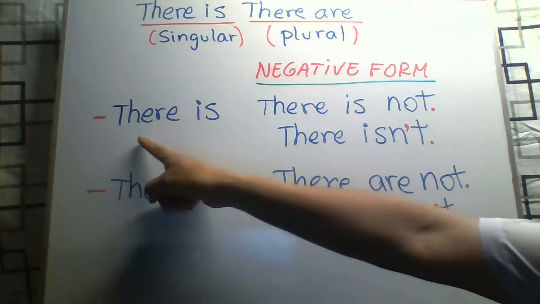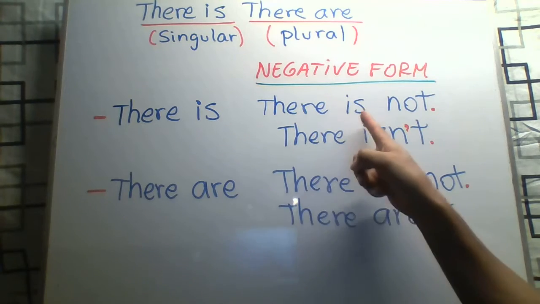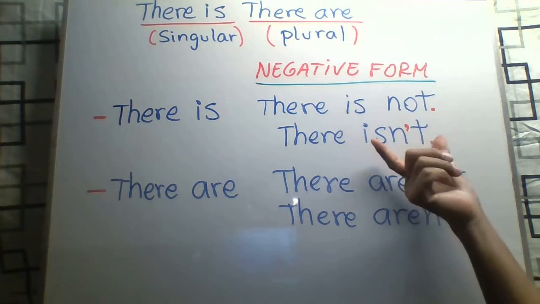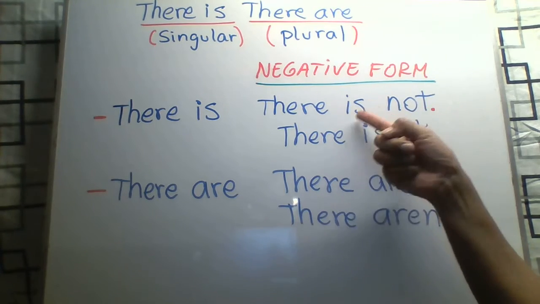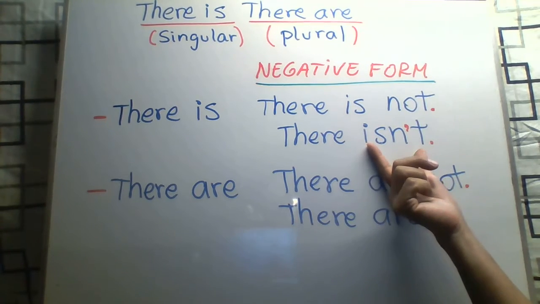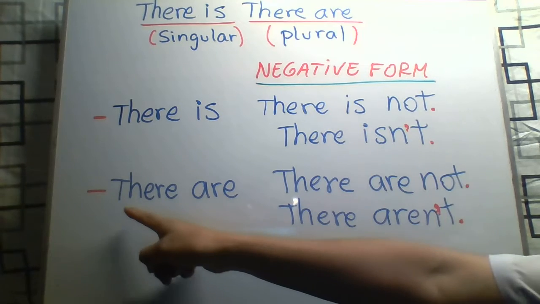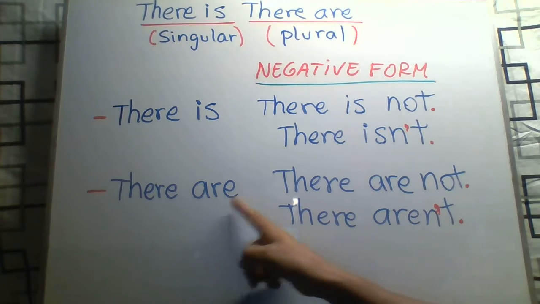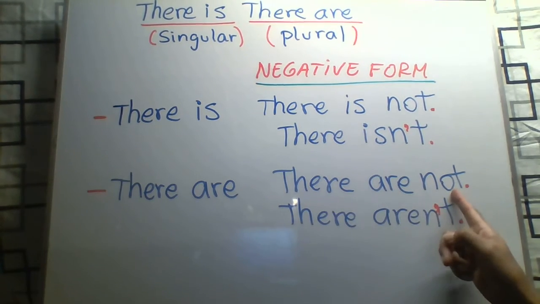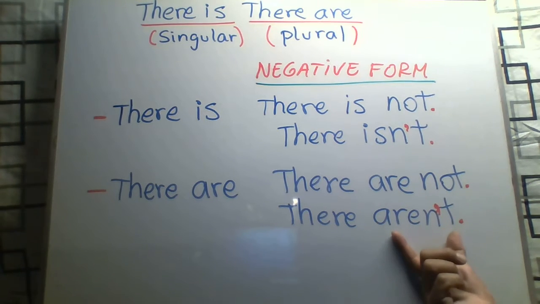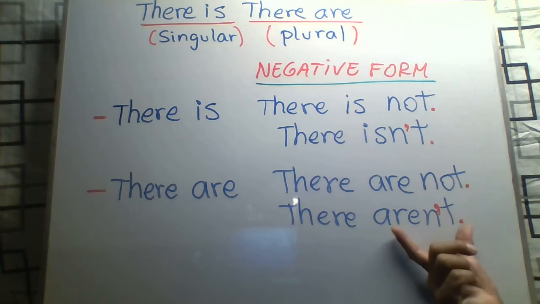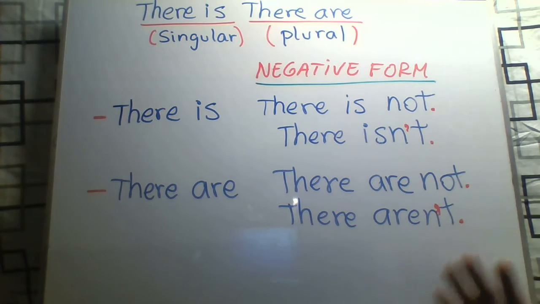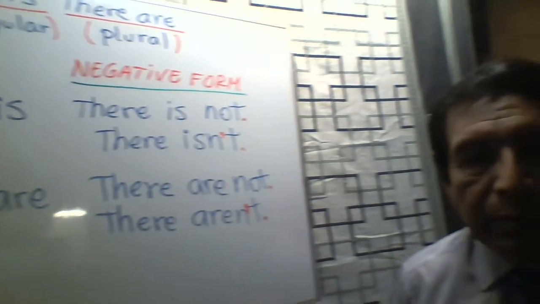The negative form for there is is there is not, or in contraction, there isn't. You contract is and not into isn't. The negative form for there are is there are not or there aren't. The contraction of are not is aren't.